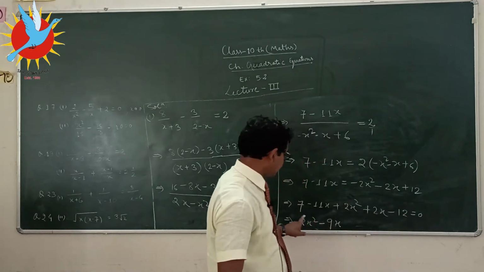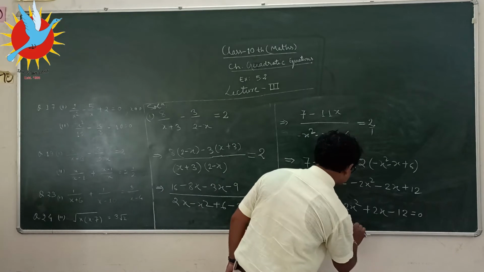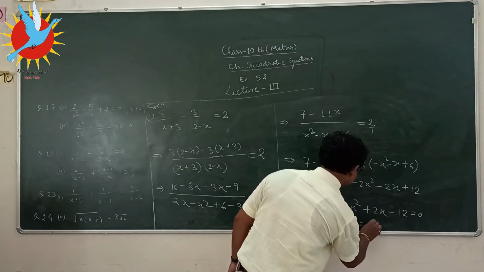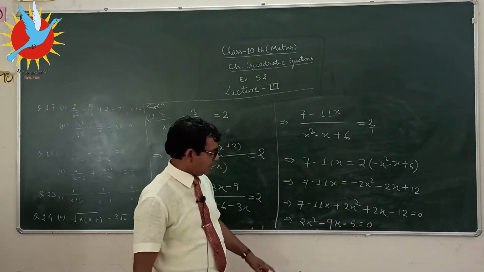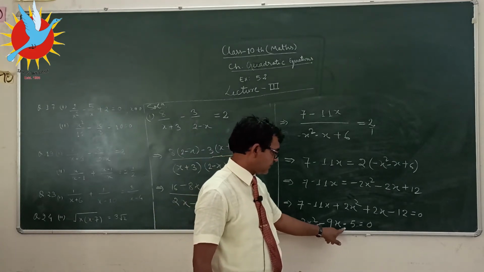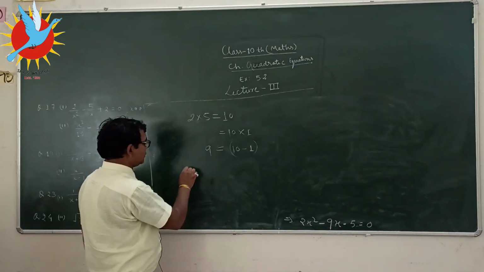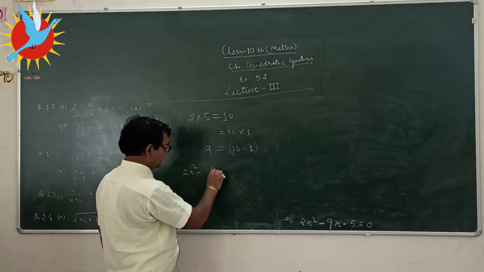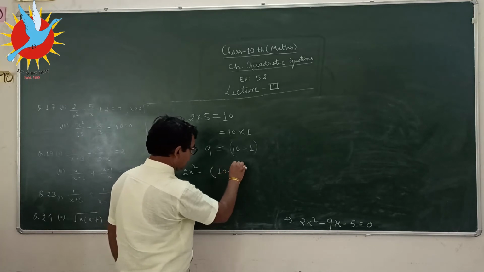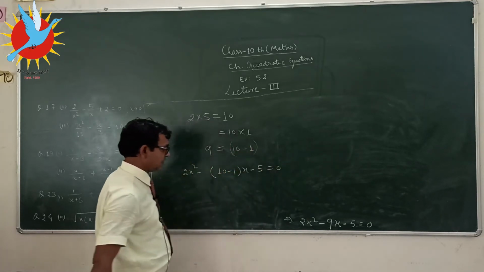So from 12, 7 would be subtracted, and it will give minus 5 equal to 0. Now the standard form of the quadratic equation is 2x square minus 9x minus 5 equal to 0. 2x square minus 10 minus 1 into x minus 5 equal to 0.